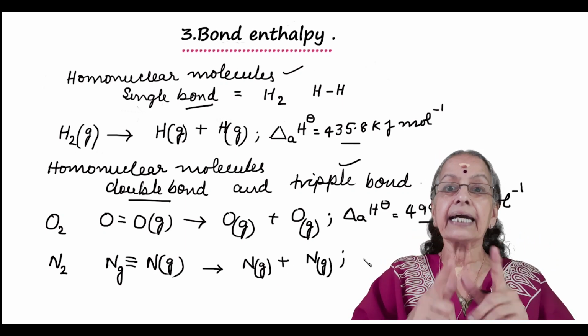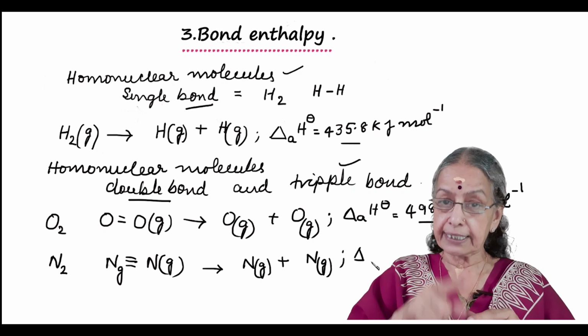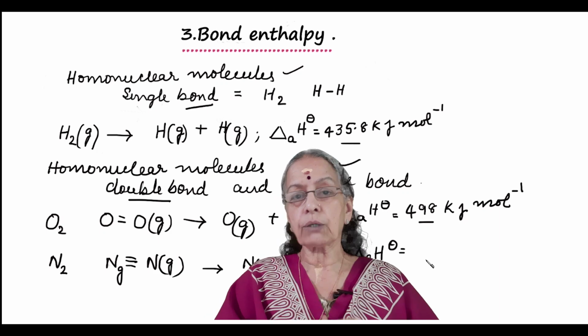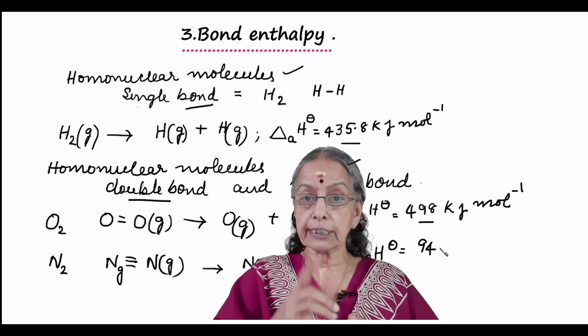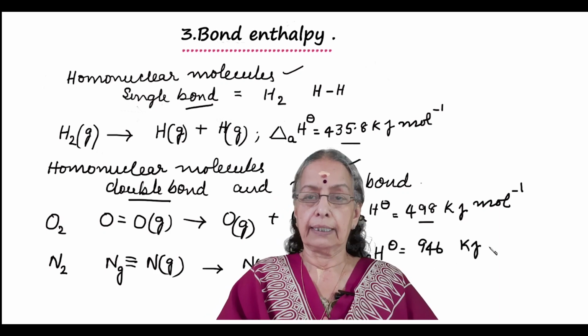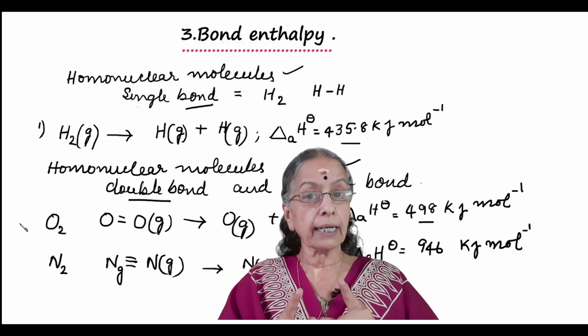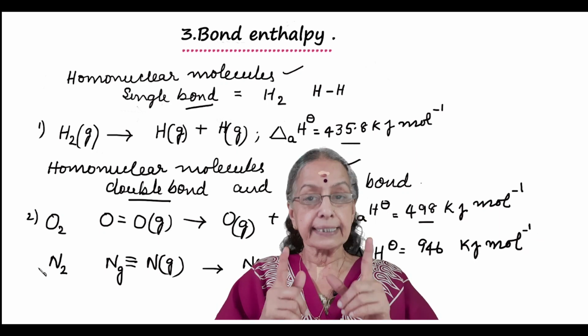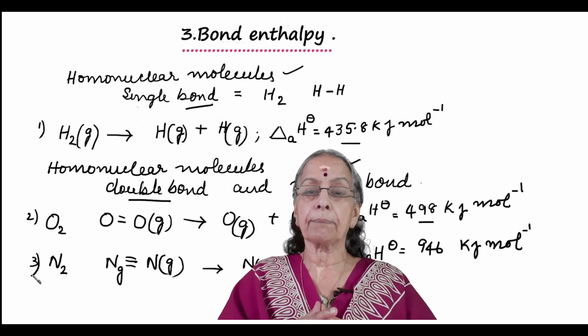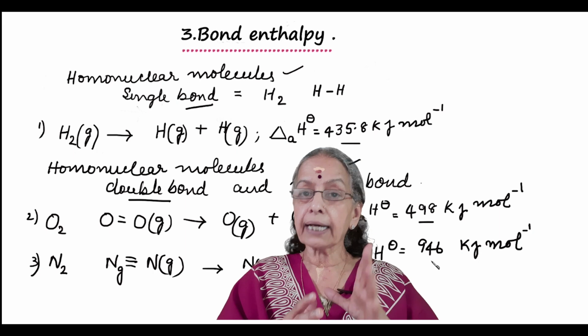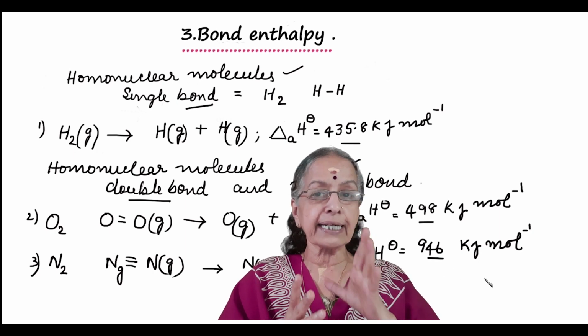And the energy that is consumed is its molar bond enthalpy. And that is equal to 946 kilojoules per mole. Here you find that for the triple bond, the molar bond enthalpy is greater than molar enthalpy for breaking double bond, greater than molar enthalpy for breaking single bond.